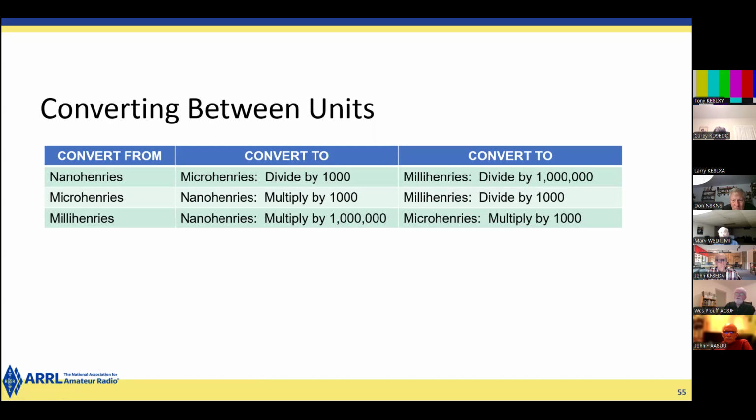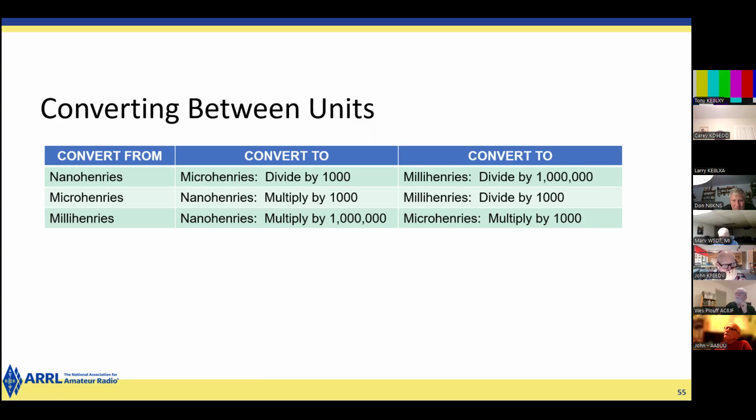Let's get into prefixes again, and these are standard prefixes. For instance, you see millihenries here at the bottom of the slide, and at the bottom of the first column. You're probably familiar with things like millimeters and milligrams for distance and weight.